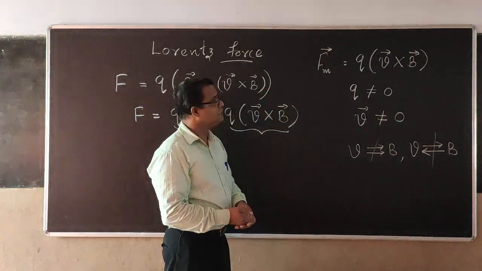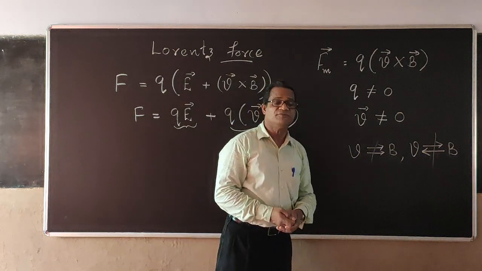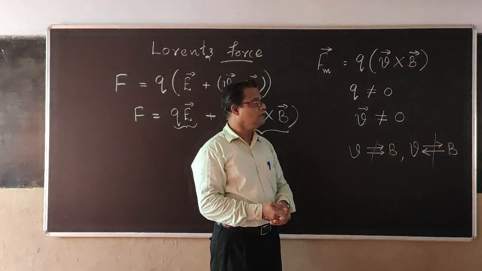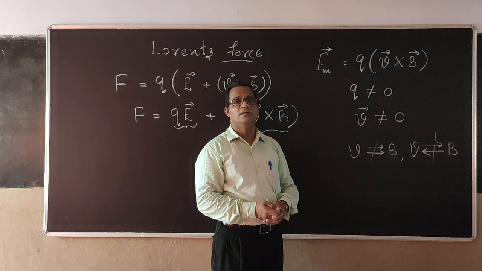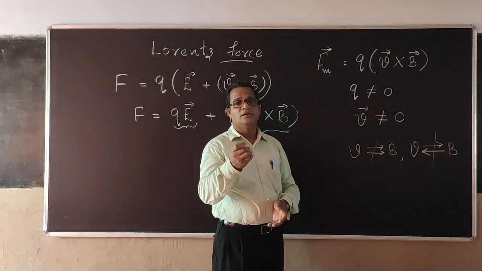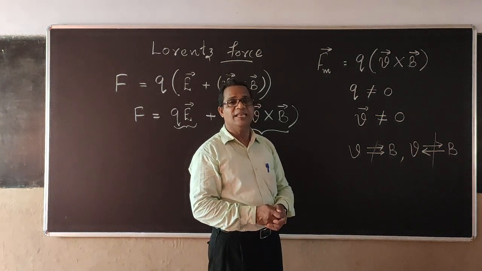So, the direction of the magnetic Lorentz force can be found out using a very simple rule called Fleming's left hand rule.